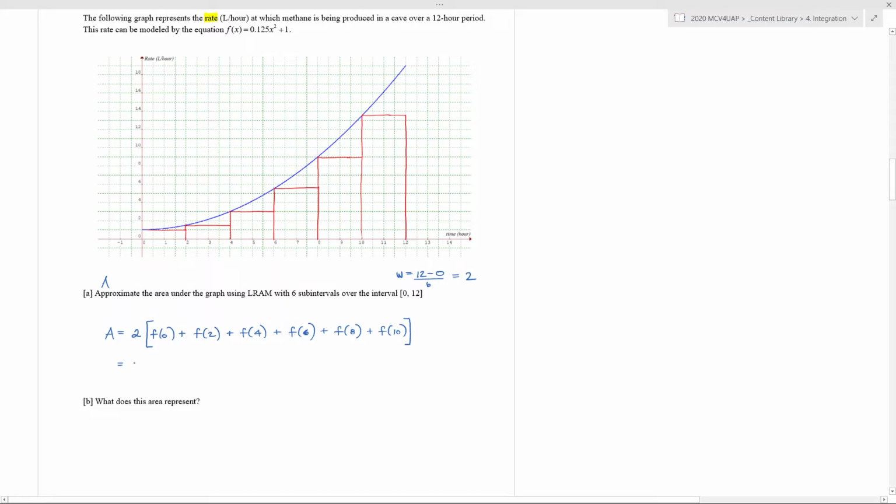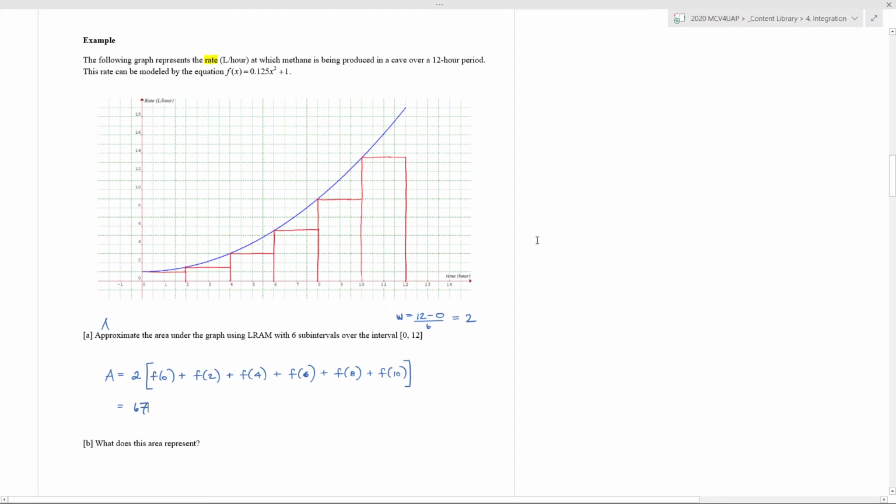I get 67. If somebody's actually verifying that, please let me know if that's not correct. I'm pretty sure it's right, although I might be wrong. So the area of those 6 rectangles is 67.